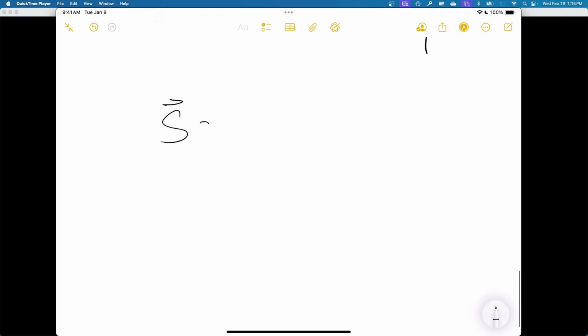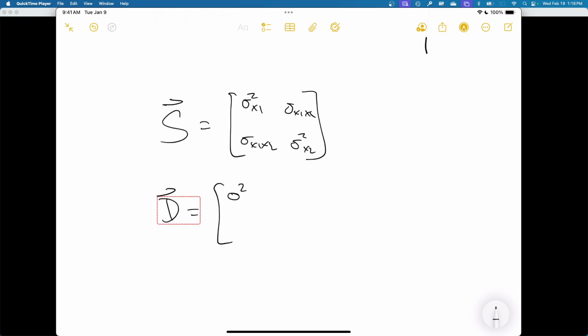My S matrix looks like this: sigma squared x1, sigma squared x2, sigma x1,x2, sigma x1,x2. That is my covariance matrix. My diagonal matrix then would look like this: sigma squared x1, sigma squared x2, and zeros.